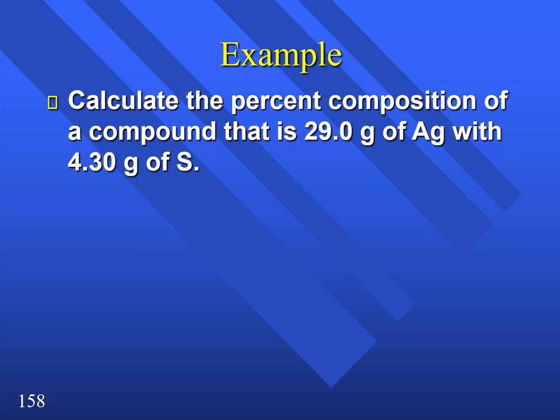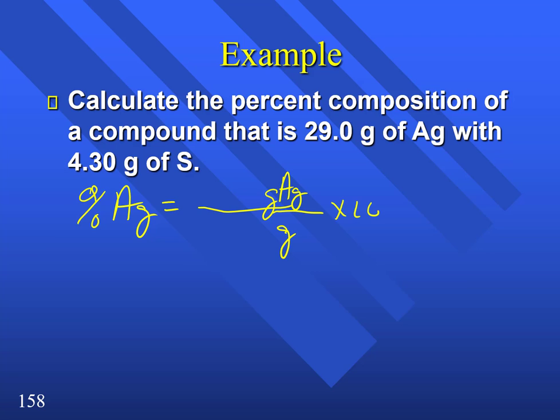Okay, so how are we going to do this? Well, I know the percent that is silver is going to equal the grams of silver over the total grams times 100%. And the grams of silver, they told me, was 29.0.